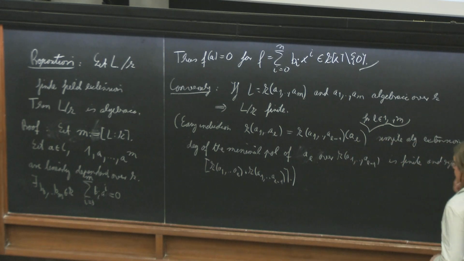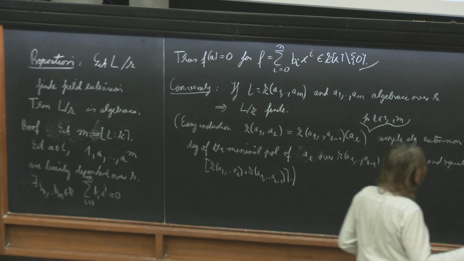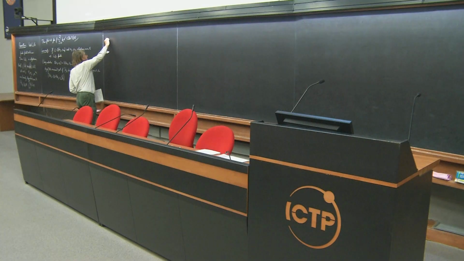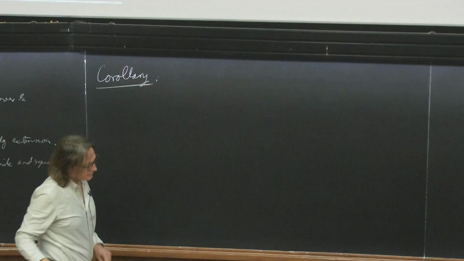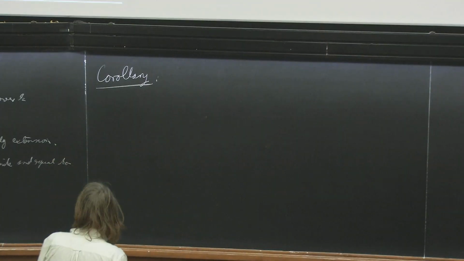So we want also to see some important property. If we have a field extension, we can look at the elements in the bigger field which are algebraic over the smaller one. This will always be a subfield.